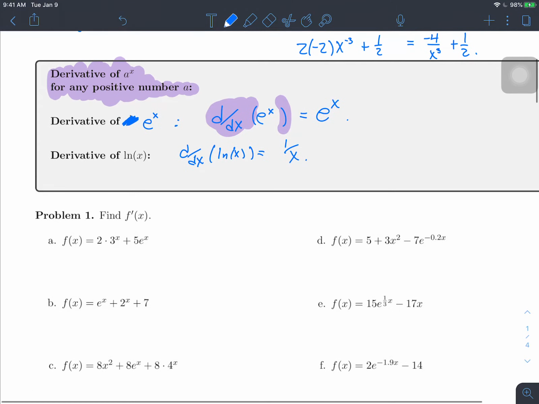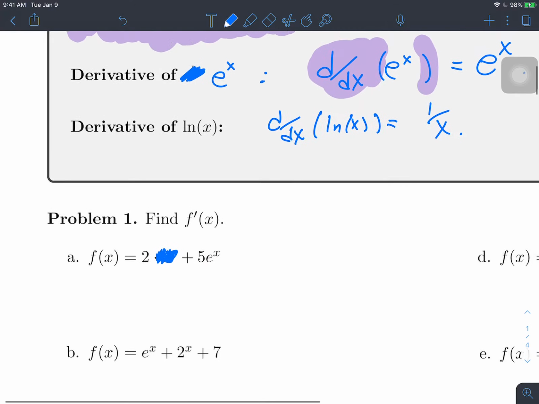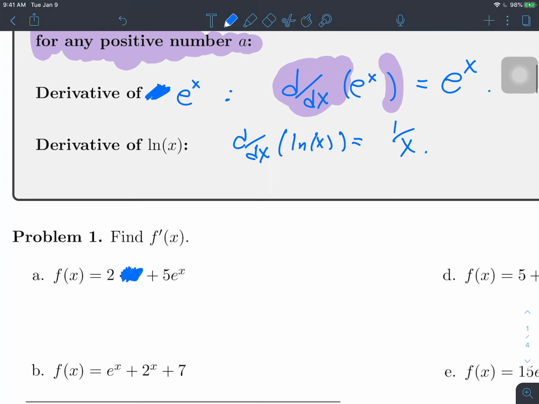So let's modify some of these problems. I'm going to get rid of that piece right there. So imagine we had 2 plus 5e to the x. I'm going to need one of my new rules and a couple of my old rules to do this problem. The old rules that I'm going to need are multiplication by a constant, because I'm taking e to the x and multiplying it by a constant.